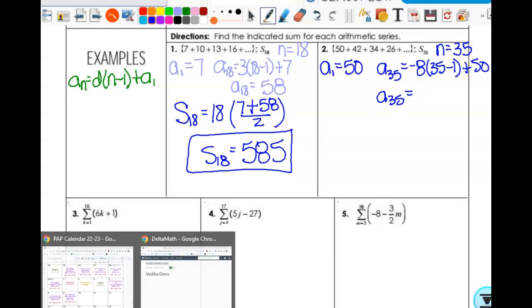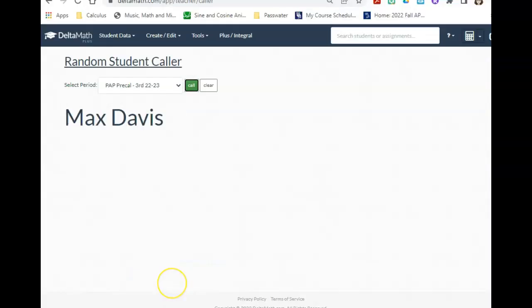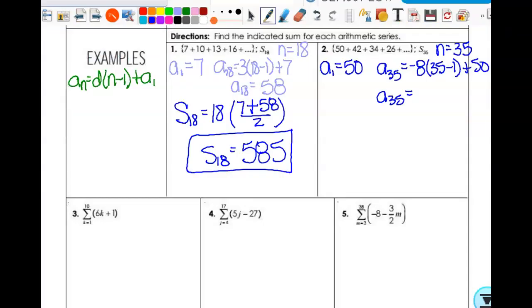All right. 35th term. Max, what do you think? Negative 222. Y'all agree with that? Yes. Okay, good. So if you haven't already, go ahead and find the sum of those terms.